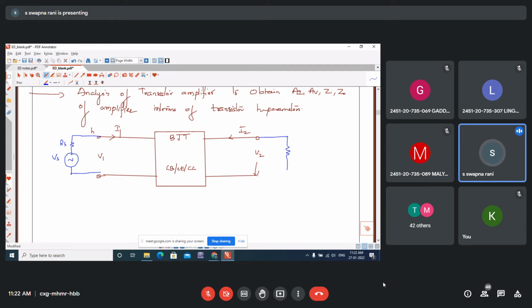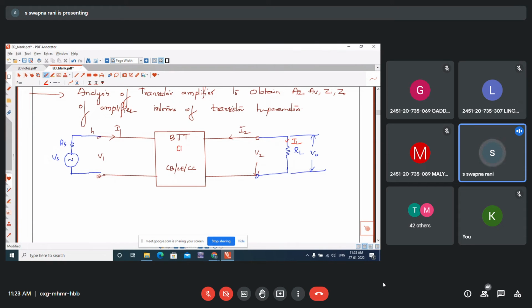Now this will become the transistor amplifier. The current through RL is IL. To the transistor configuration, if you connect a source at the input and a load at the output, then the transistor amplifier can be formed.